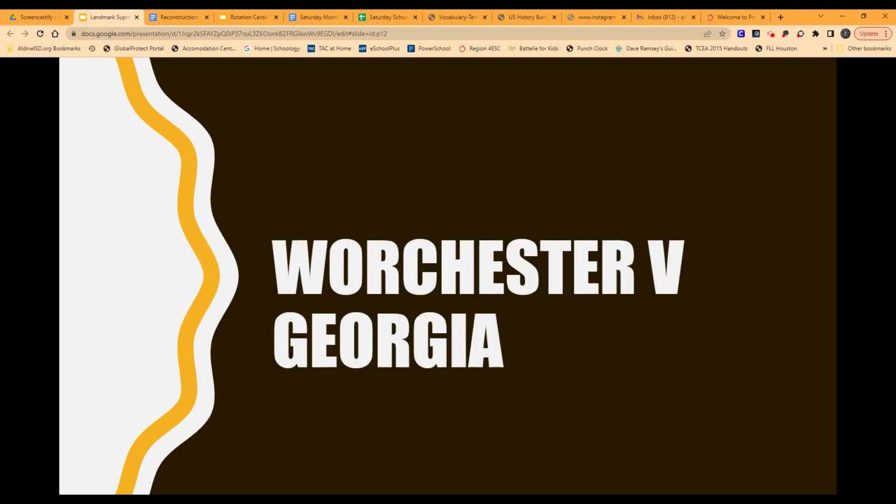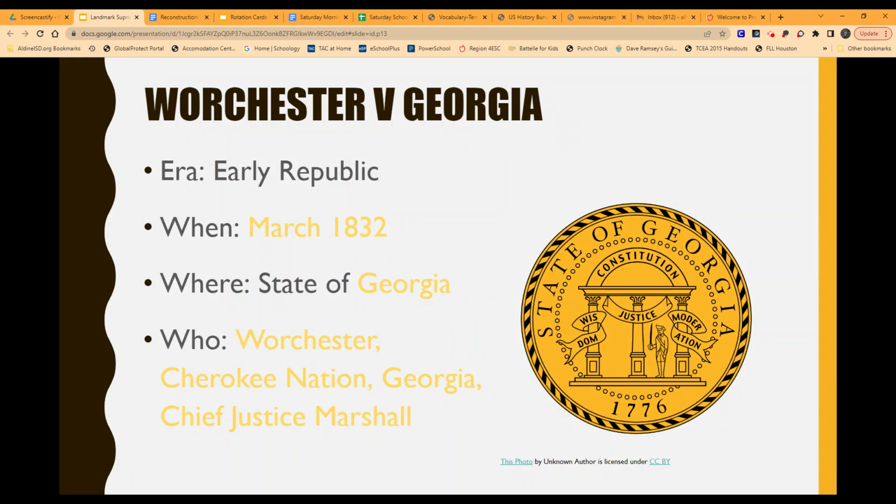Worcester v. Georgia. This case also took place during the early republic. In March of 1832, it took place in the state of Georgia. Who was involved? Worcester, Cherokee Nation, the state of Georgia, and Chief Justice Marshall.